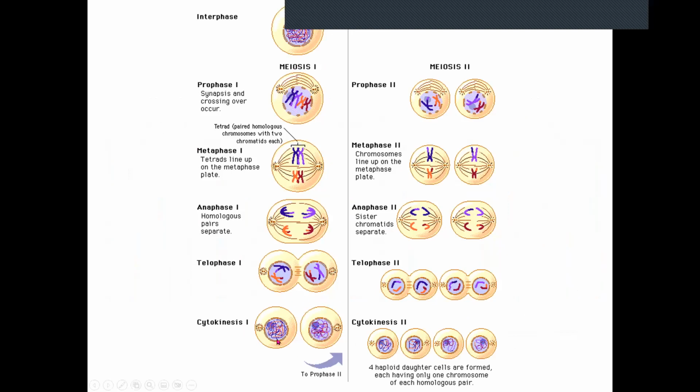In the first phase, you get 2 cells. In the second phase, you get 4 cells with half the number of chromosomes. In males, each of these produces a sperm. In the female, one of these is a very large one, and you get 3 little ones.